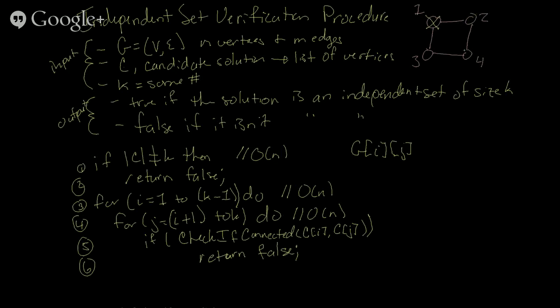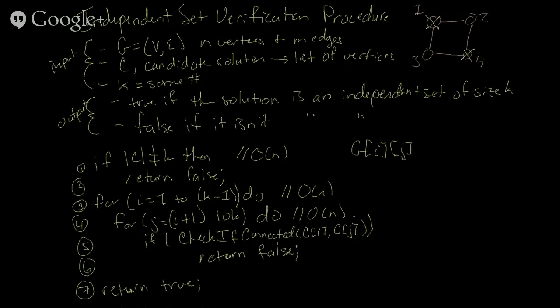So if it's 1 and 2, that's wrong. But if it's like 1 and 4, that's okay. In which case, check if connected would return false, because 1 and 4 are not connected. So if we do that for all of the vertices in C, and they all are not connected, then we can finally return true.